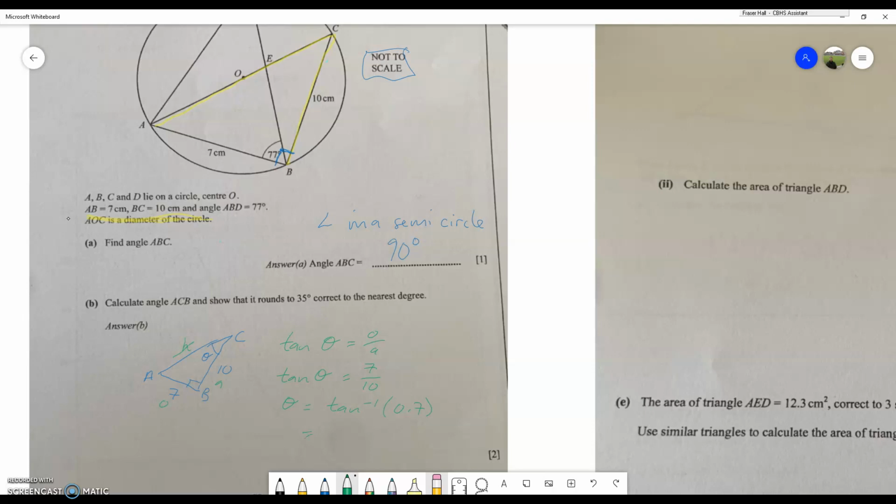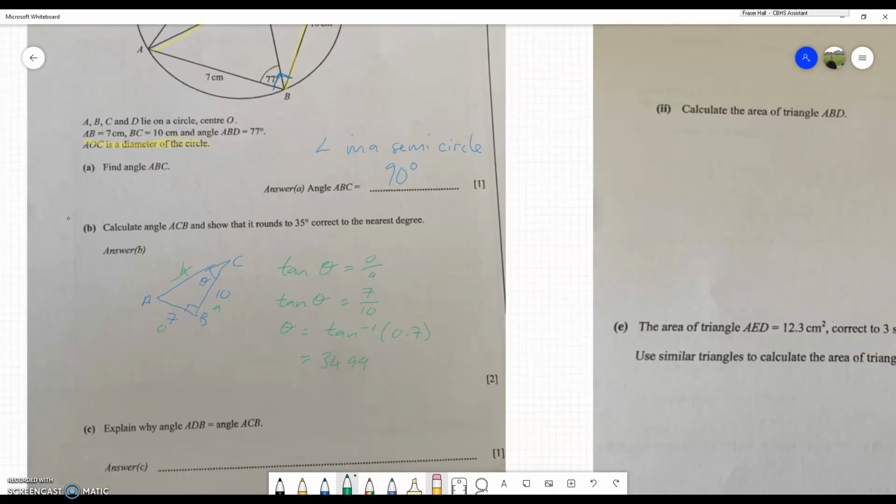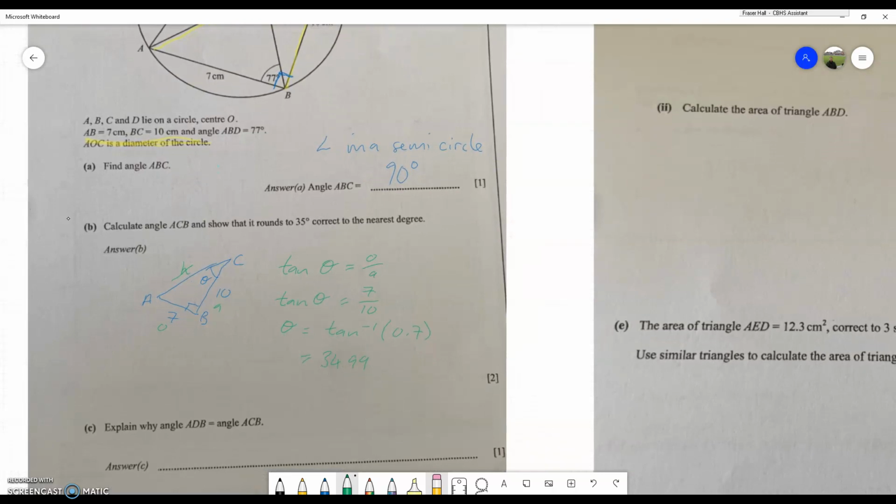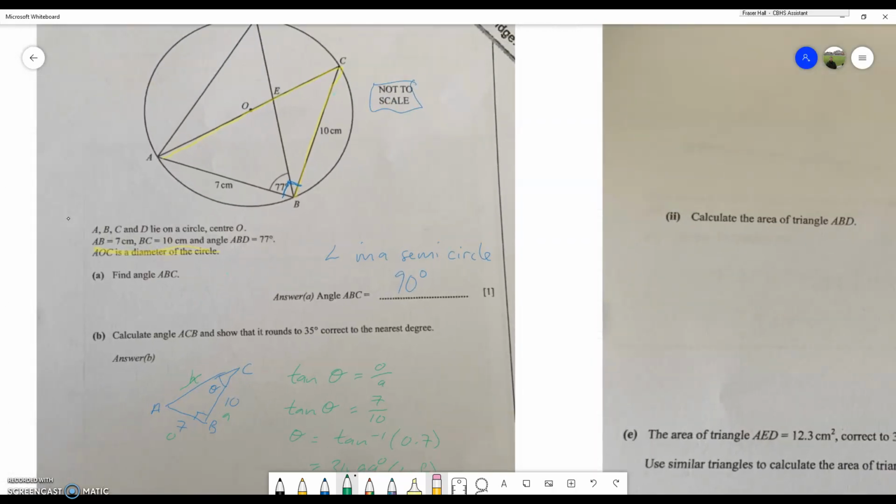Make sure we make that point really clear. So theta is equal to 34.999 to 4 significant figures, which is equal to 35 degrees to 0 decimal places, or to the nearest degree.